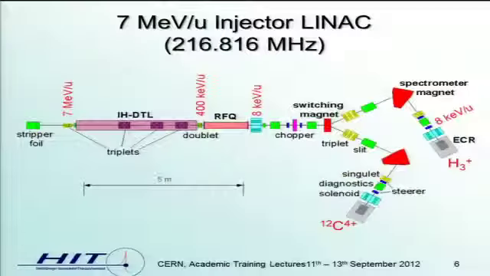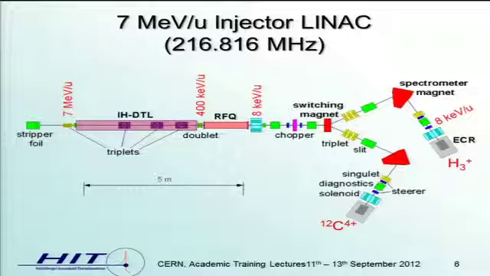This is how the injector looks in our facility. As I mentioned, we have these two ECR ion sources. In our case, we have carbon in one source, and after the analyzing magnet and the spectrometer we generate carbon 4+, so an A over Q of 3.